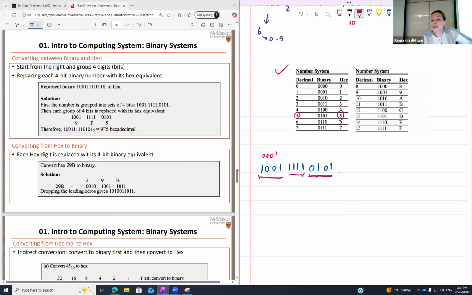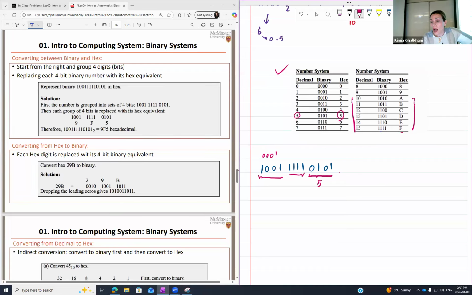In decimal or in hex, for these numbers both are equal. But anything after 9, decimal and hex are not equal. We use some alphabets for the hex equivalent after 9. So 0101 is equal to 5.